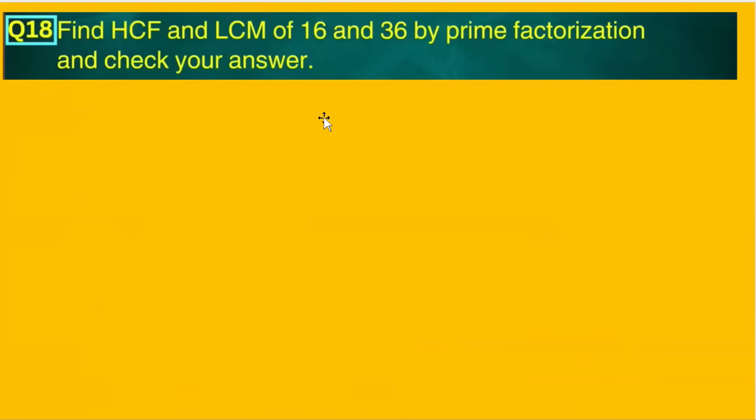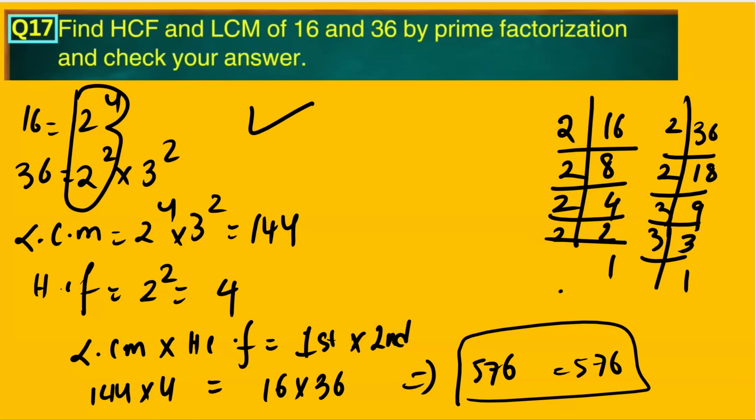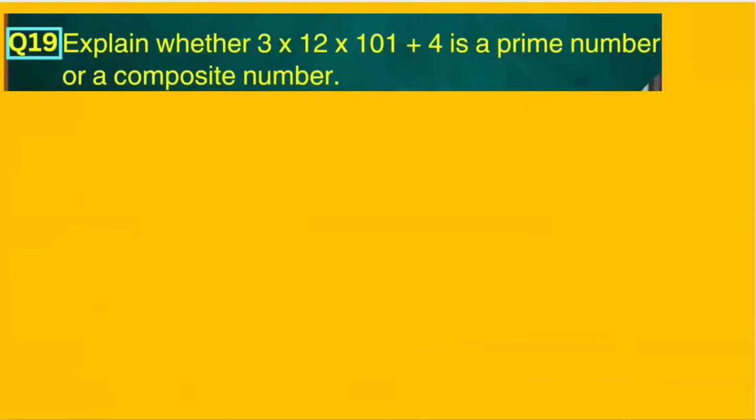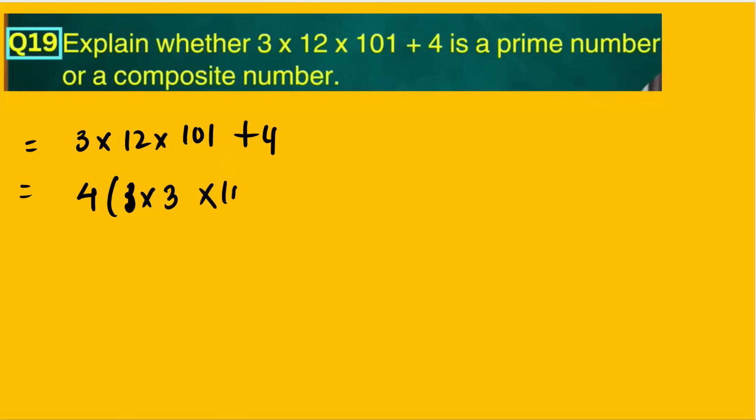Question number 18 asks to find the HCF and LCM, but we have done that question already. Next question, number 19: explain whether 3 multiplied by 12 multiplied by 101 plus 4 is a prime or a composite number. Taking the common factor 4 out, we get 4 times (3 multiplied by 101 plus 1).